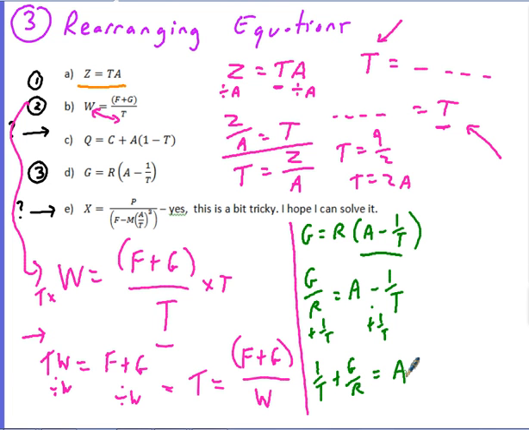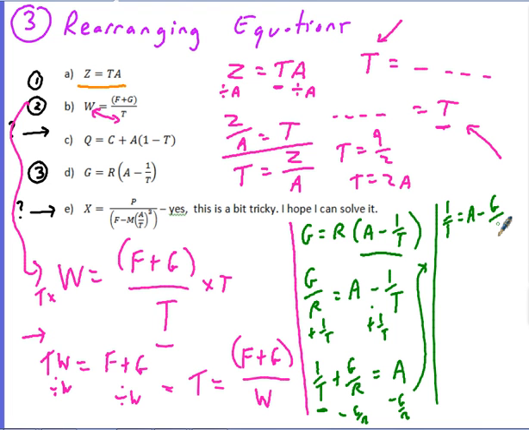I just want to get that T on the left-hand side. I must admit, I like having T on the left-hand side. That's how my brain works. So now T's on the left-hand side. I'm feeling slightly better about it. But I want to get rid of this G on R. So why don't we take G on R from both sides. And we'll take this back up here. So now we're going to have 1 on T equals A minus G over R. We're almost there.